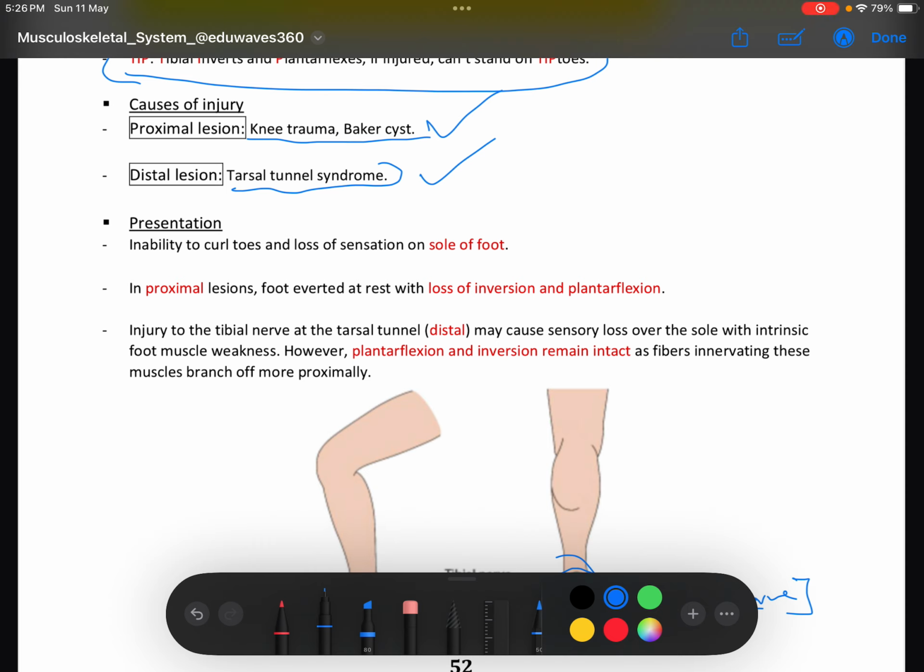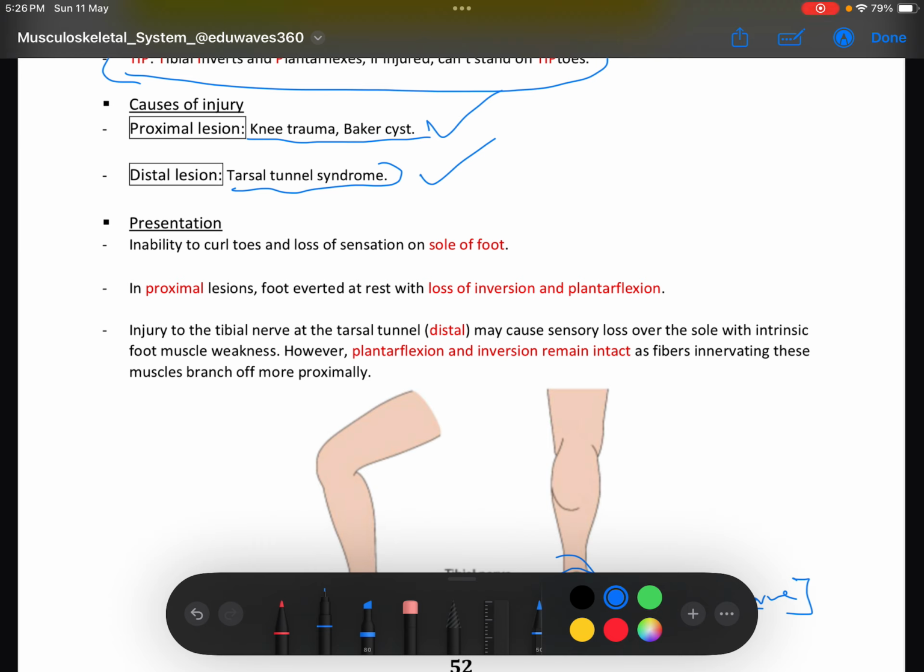Okay, in imaging, how can we differentiate? The tibial nerve descends straight down the posterior leg. Mostly this tibial nerve is associated with the gastrocnemius and these muscles, as I already told. Clinically, if any patient gets loss of plantar sensation, then we have to think about the tibial nerve.